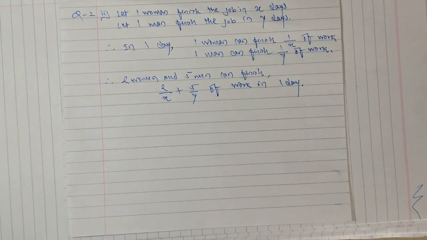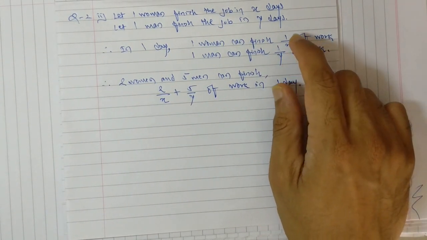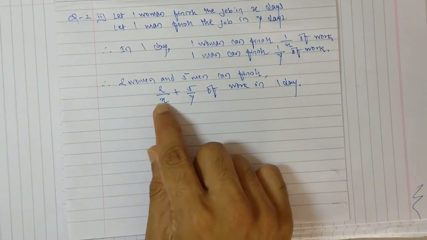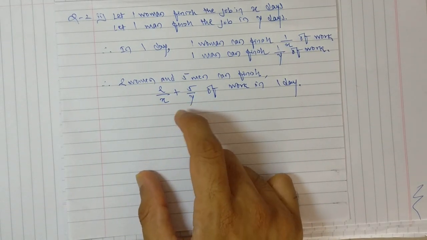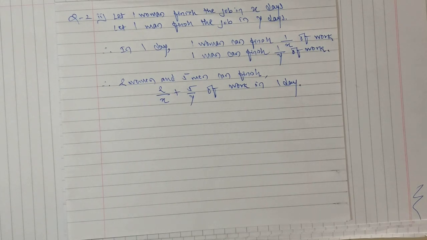I took the first statement, that is the first condition, of how many days 2 women and 5 men will take to finish the job. It has given 4 days, but what I did was multiply one woman's 1 day's work and one man's 1 day's work with the number of women and number of men, that is 2 and 5. So I got 2 by X and 5 by Y. So this is 2 women's and 5 men's work finished in 1 day.